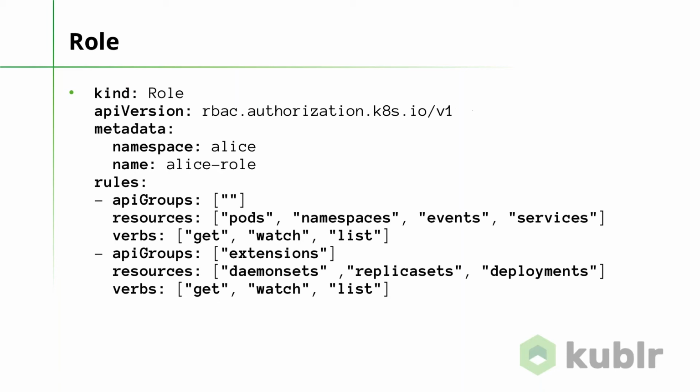As soon as I created this role, I can create a role binding, and it looks like the following. I have a subject for my role binding, kind user, and it's my name. And the role reference is this one. I can have several role bindings for the same subject, and I can provide a set of subjects in a role binding, so it's quite a flexible configuration.